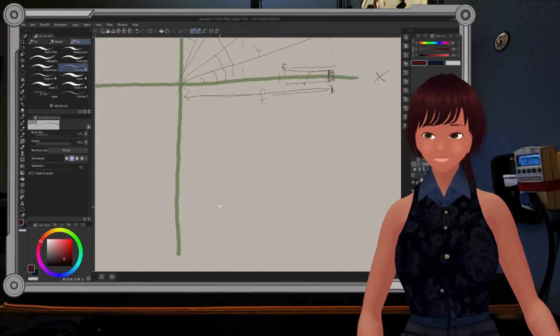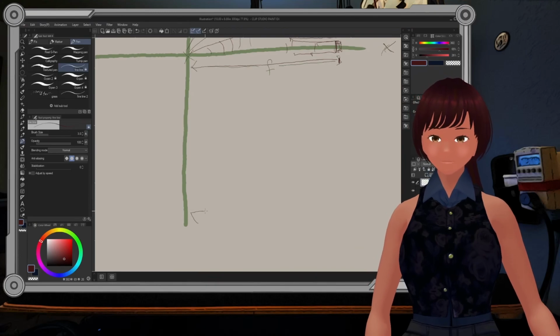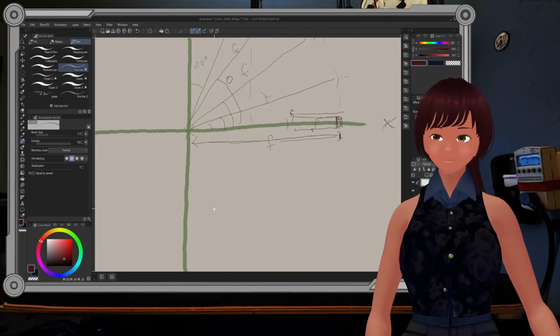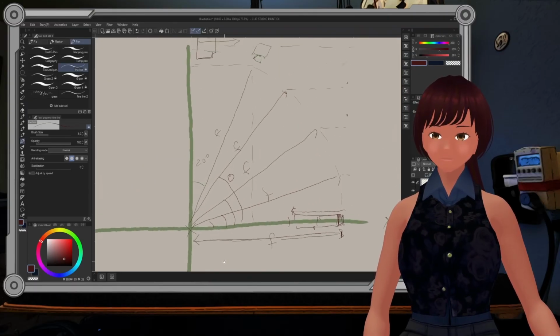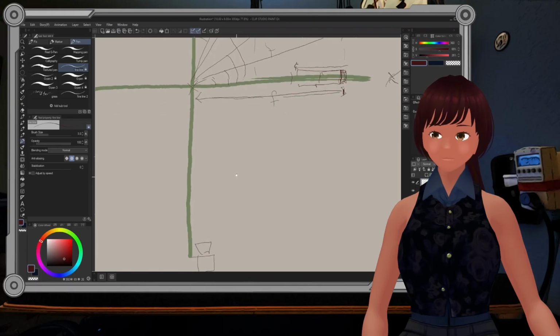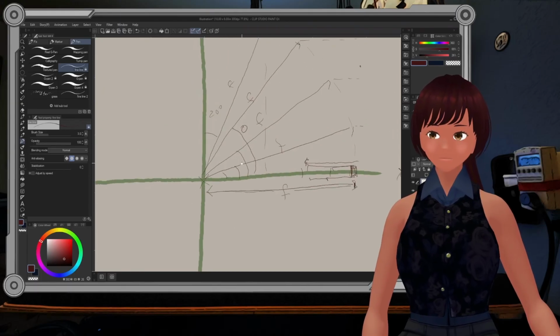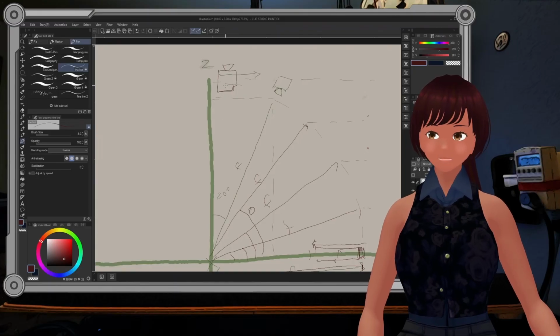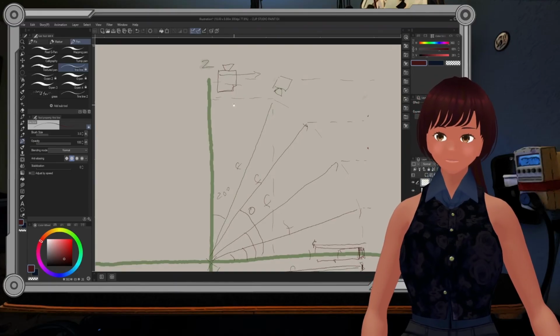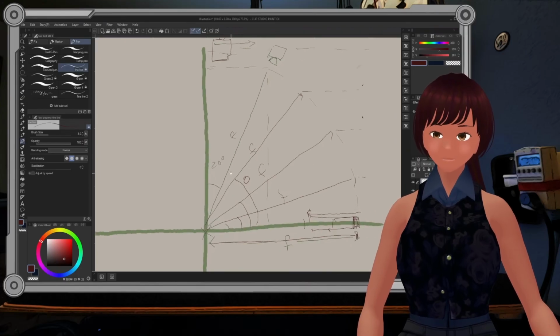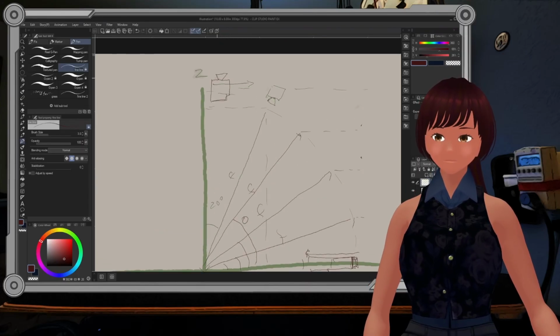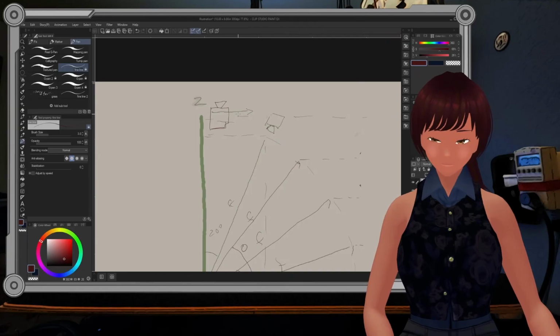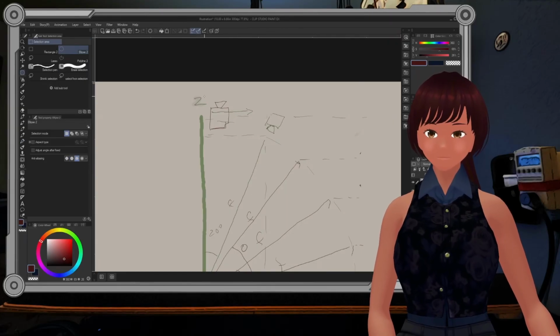And I would have had to tell the camera to have a negative value and be back here to look at me, right? But then it would be looking at the back of me. So instead, I told the camera to have a positive value and spawn here. Normally it would be on top of me. I gave it a positive value. And then I told it to rotate 180 degrees.